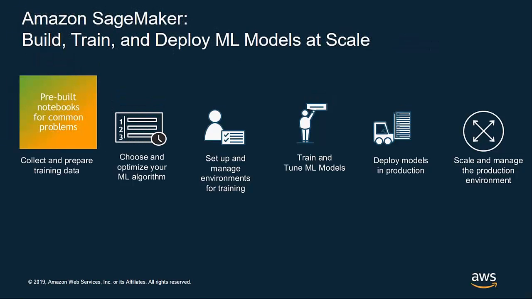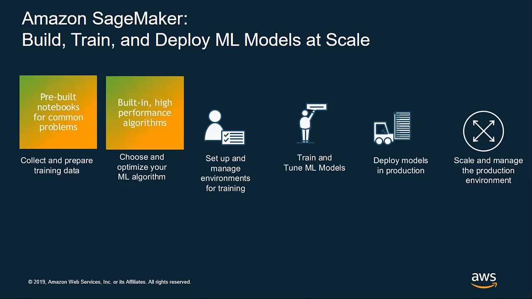For collecting and preparing training data, we have pre-built Jupyter notebooks that come pre-configured with the environments and infrastructure that you would need. We also have Amazon SageMaker Ground Truth, a service that we launched at re:Invent 2018 that helps you build labeled data sets at 70% or more cost savings.